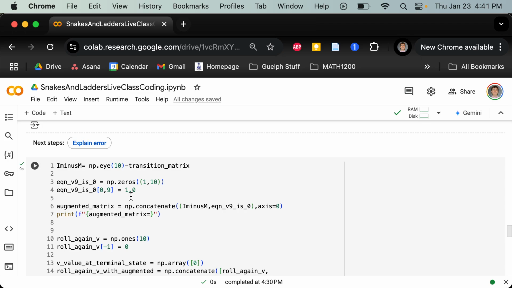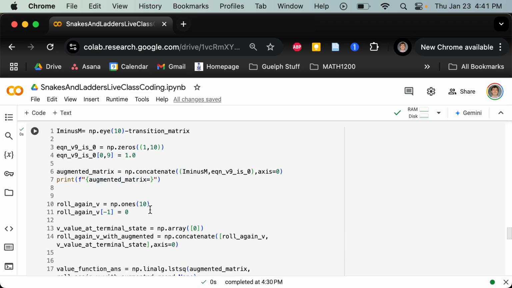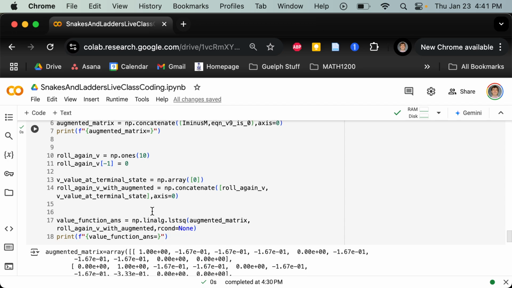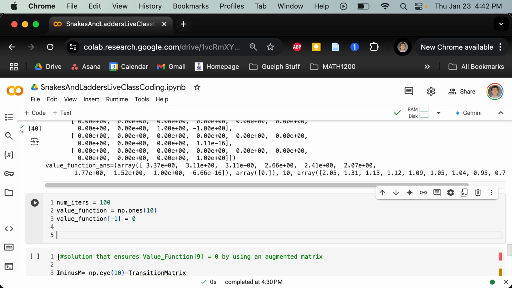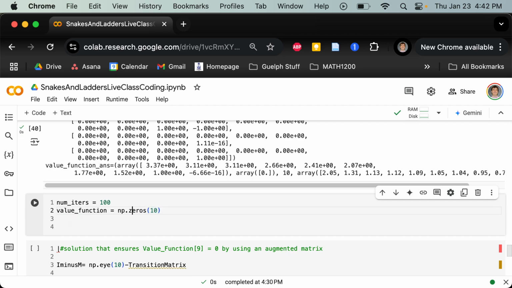What do I have? Yeah, I got the roll again V. Okay, great. So the value function, you can start it out as anything you want. Let's make it all zeros, say. This is the initial guess.